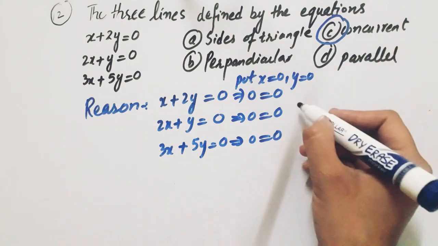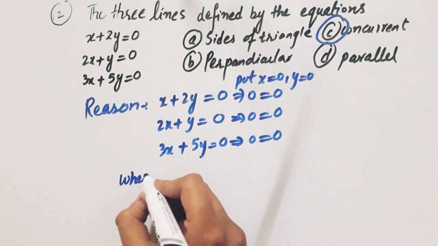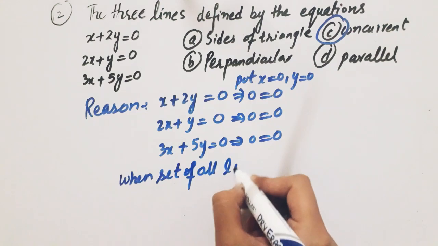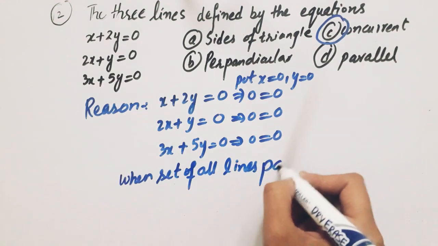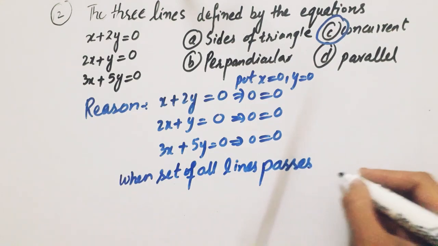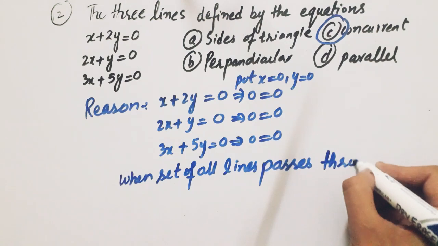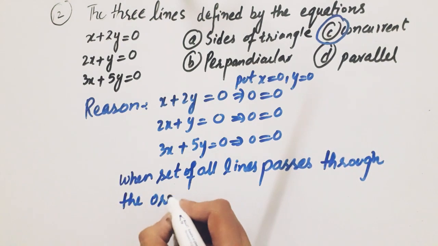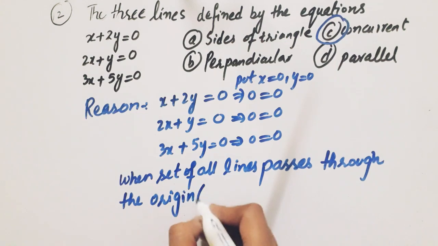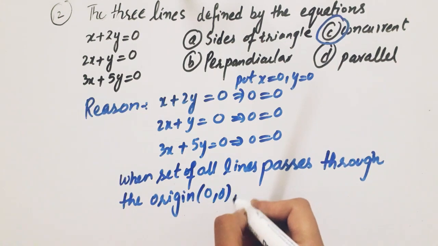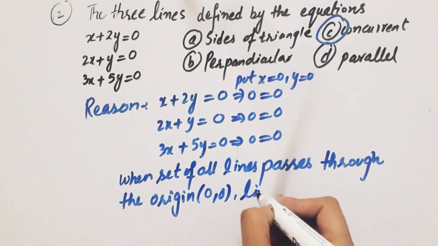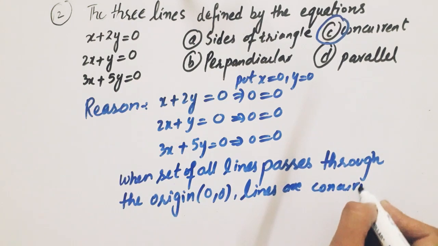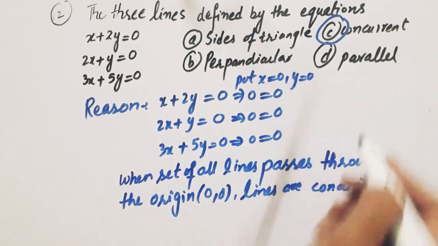So that's why when a set of all lines passes through the origin, that is 0, 0, you will say lines are concurrent. So this is the right option.